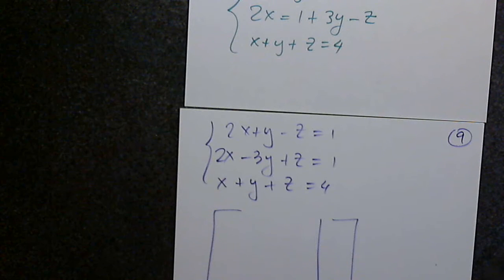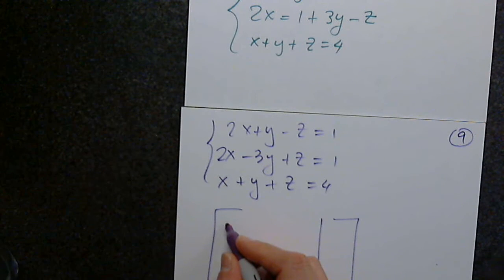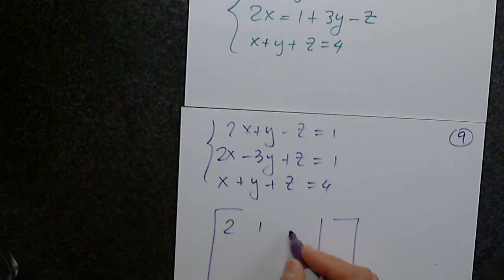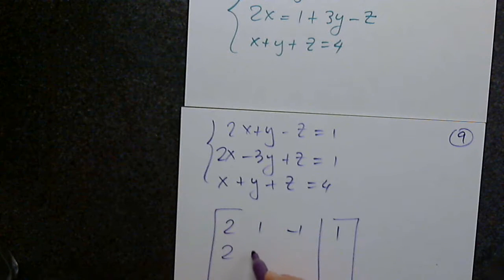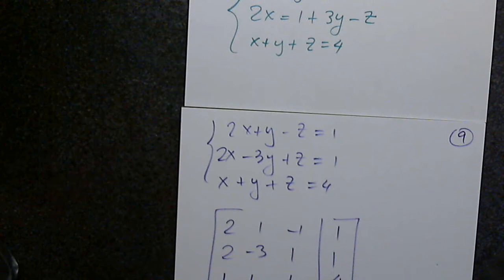Are you dictating on rows or columns? Row. Row, okay. 2, 1, negative 1, and 1. Excellent. 2, negative 1, 1. Excellent. 1, 1, 1, 4. Very good. Where is our starting point?